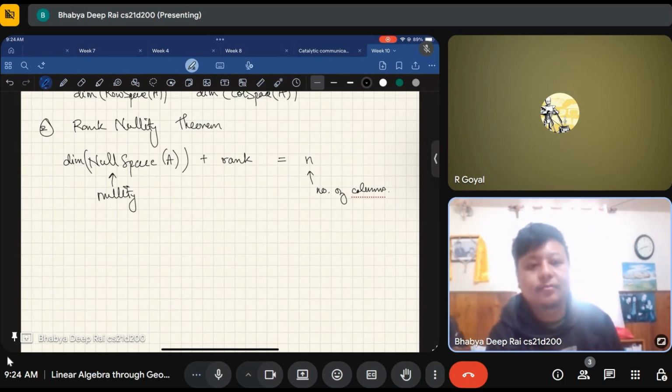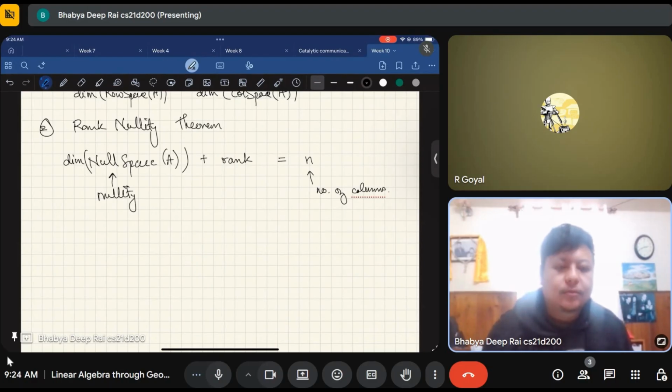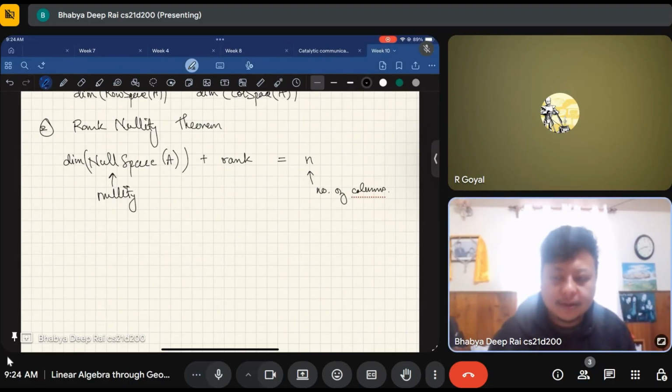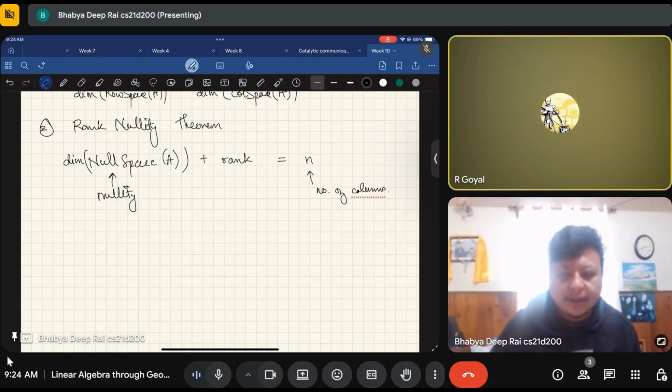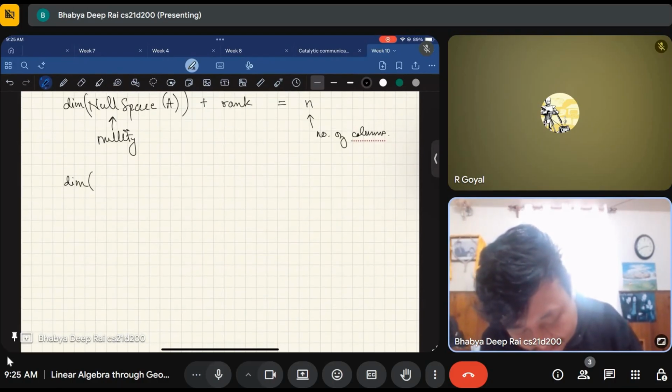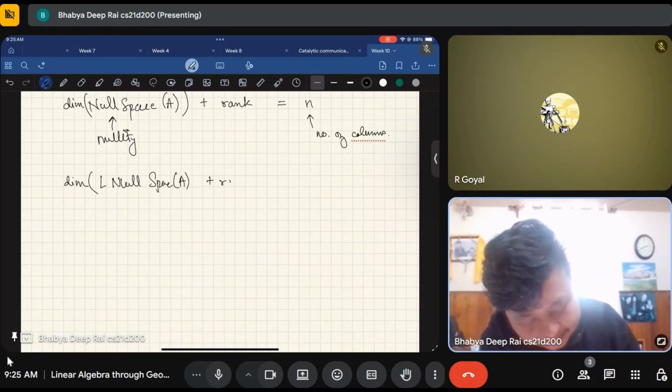And the dimension of the left null space plus the rank is equal to m, which is the number of rows.